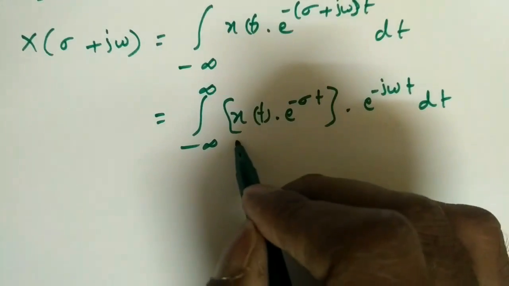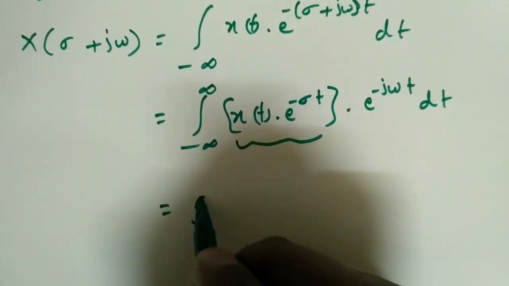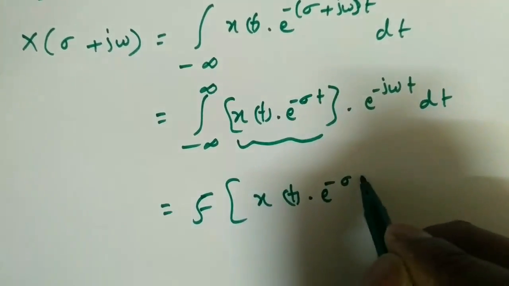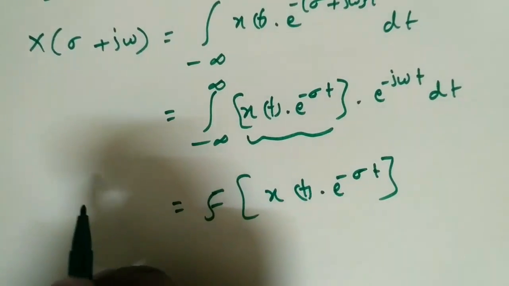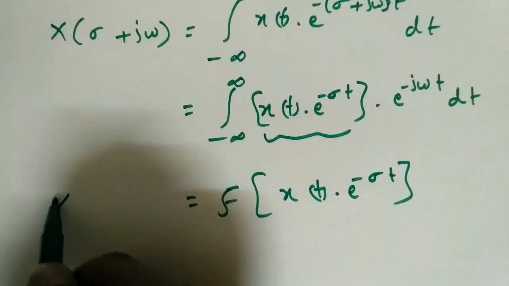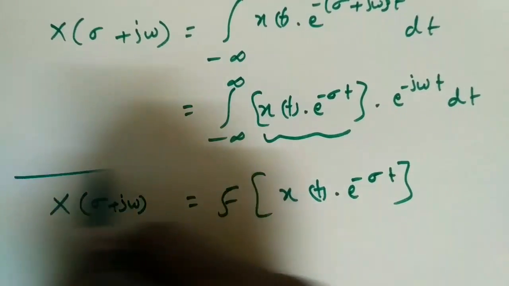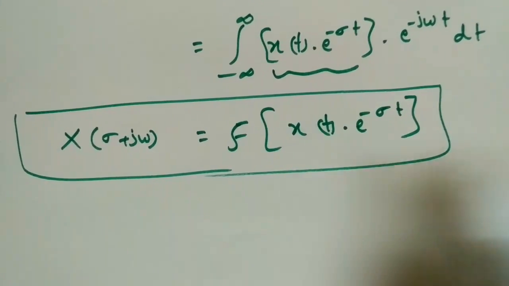Relating this expression to the Fourier transform, the Fourier transform of x of t into e power minus sigma t is nothing but the Laplace transform of x of t, that is x of sigma plus j omega, right? So that is the relationship between the Laplace transform and the Fourier transform.